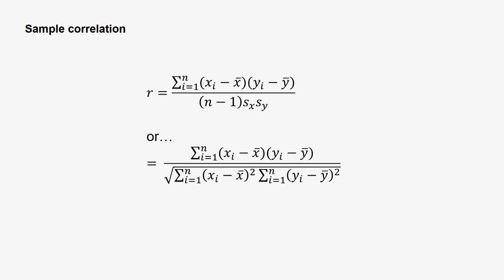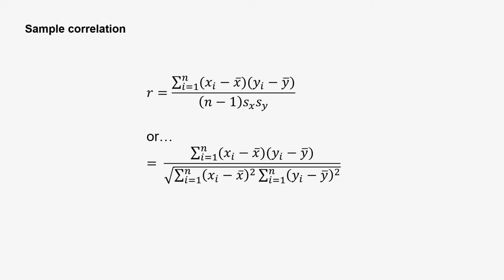If x_i and y_i are two paired data points, x bar and y bar are the means of the x and y values respectively, and s_x and s_y are the sample standard deviations of x and y respectively, then the sample correlation coefficient R is the sum of the products of the x and y values minus their sample means, divided by the sample size minus 1 multiplied by the standard deviations of x and y.